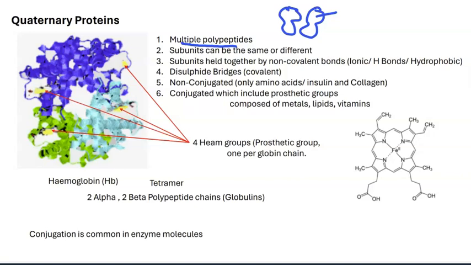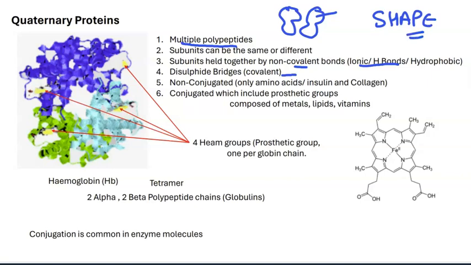And these groups are held together by ionic, hydrogen bonds, non-covalent, or indeed once more by the covalent disulfide bridges. And this leads to, of course, an altogether higher level of protein shape and therefore function.